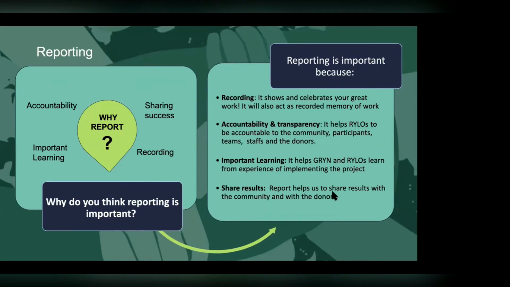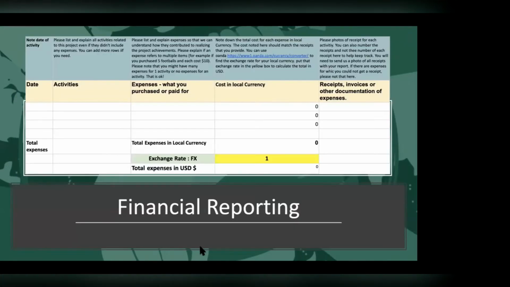The first thing that groups will be requested to do is financial reporting. Financial reporting is very, very important. It's one of the most important aspects, because if we have given a group $500, breaking it down, just as I have mentioned, if you said you were going to use $500 for your project, then you're able to come back and say, this is what we said we were going to do, this is what we have done, and this is why we've done it this way.